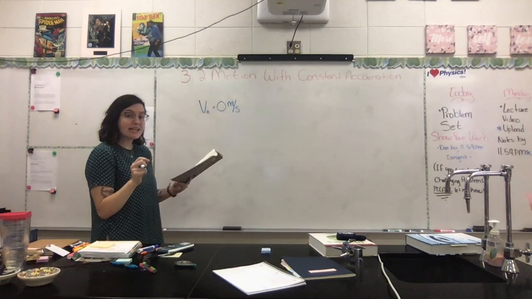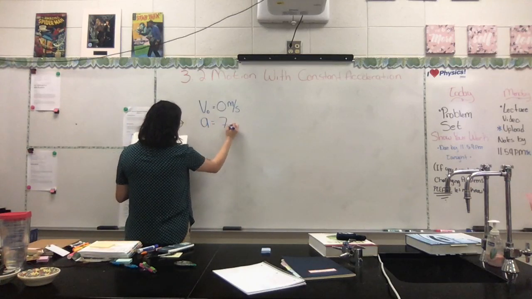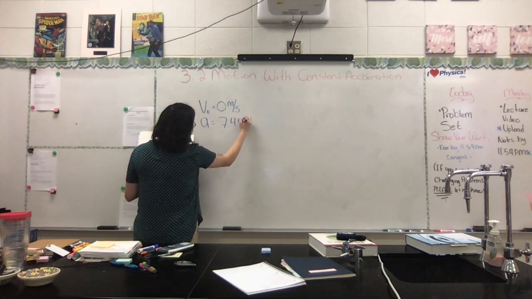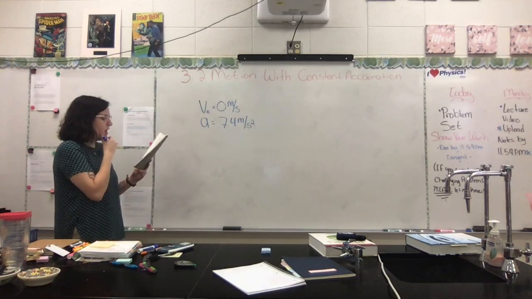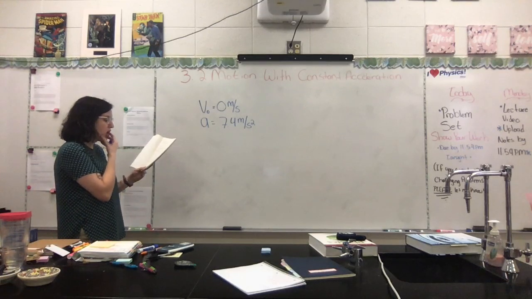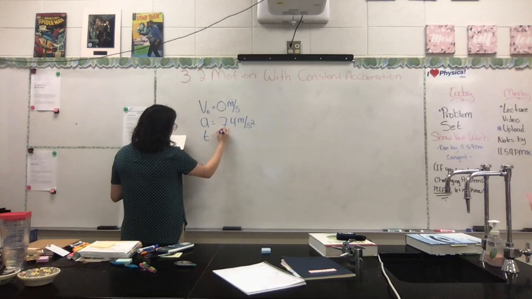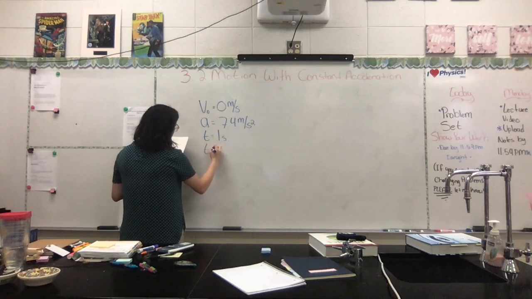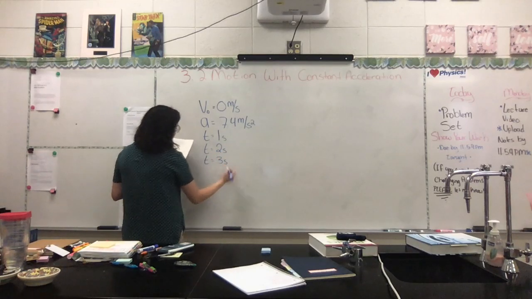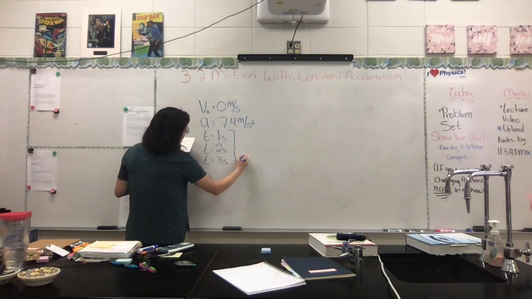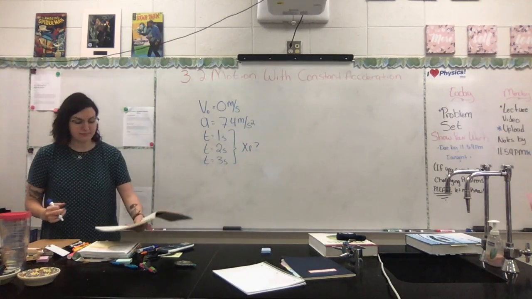And it accelerates at 7.4 meters per second squared. All right, we want to know how far it will travel in 1 second, 2 seconds, and 3 seconds. So we're looking for how far.